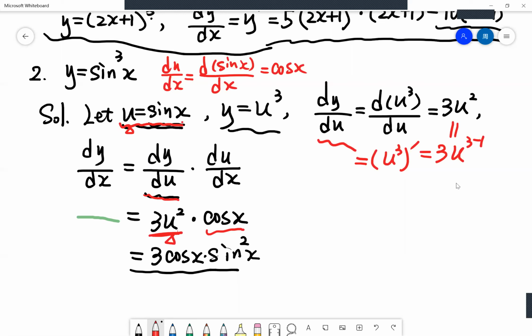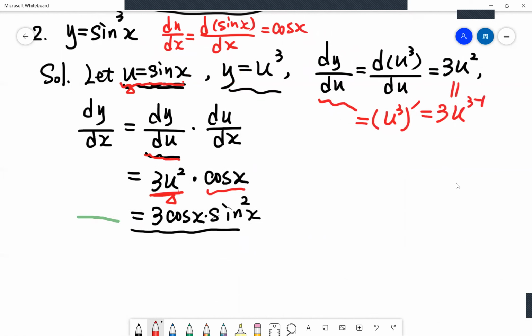Okay, now we come to the last one, number 3. That is y equals sine of x to the power 3, right? Remember that equals sine of the function inside, that is x to the power 3.